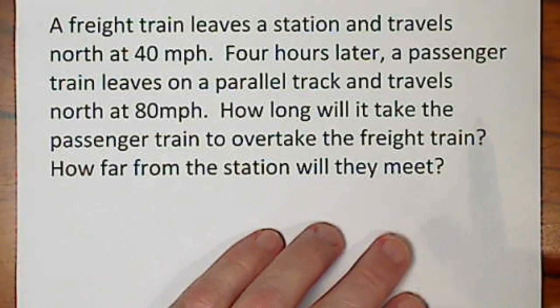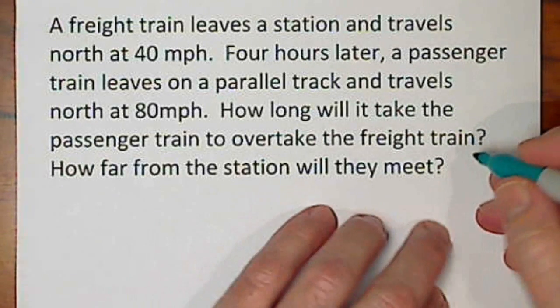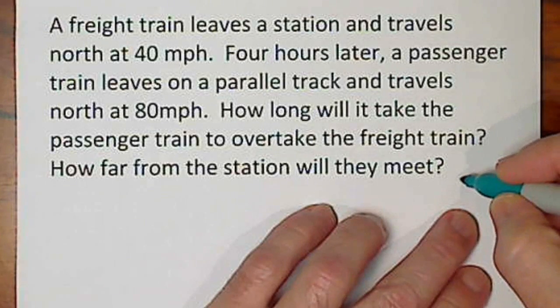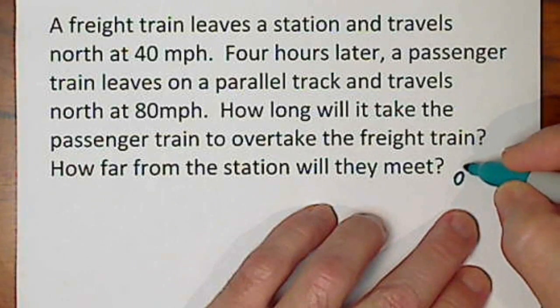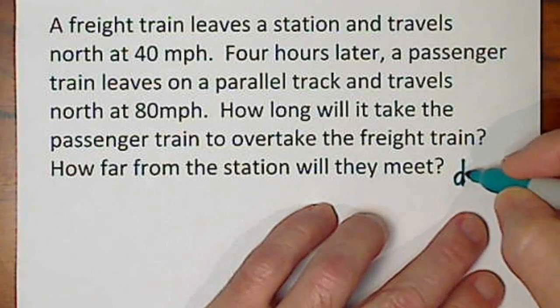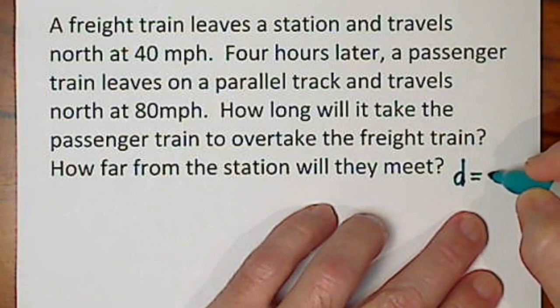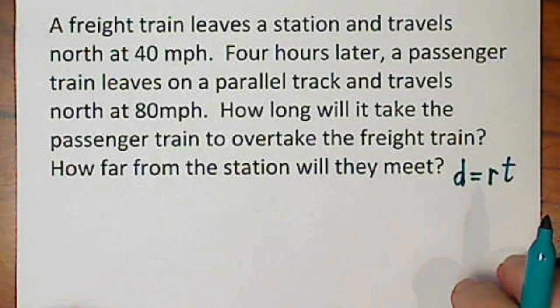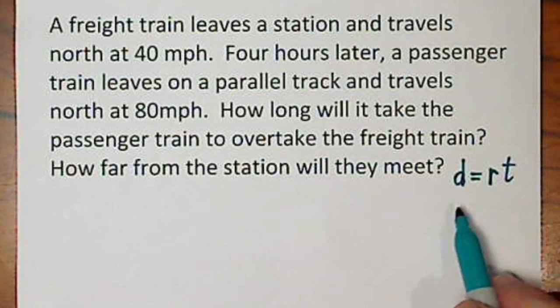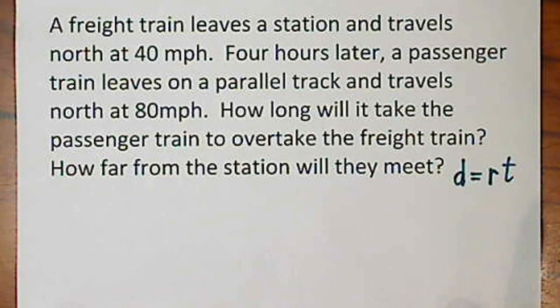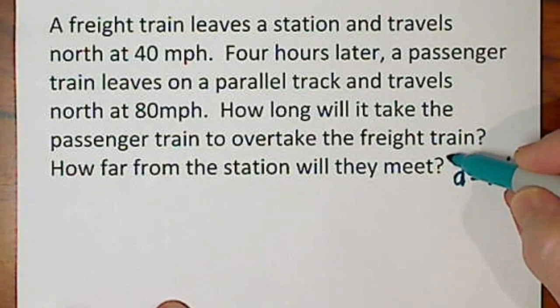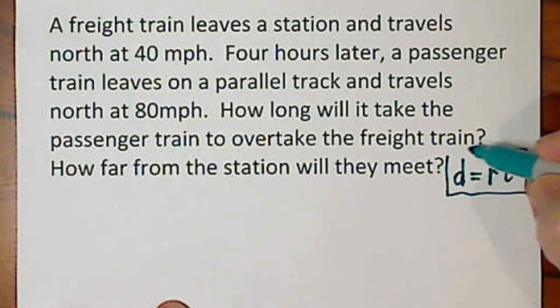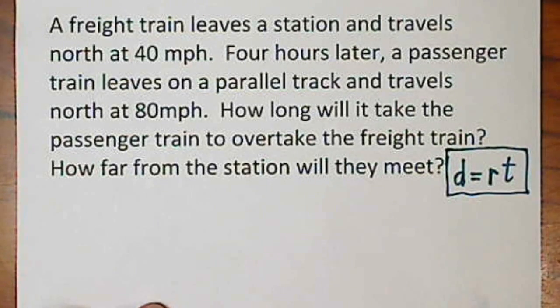That might not jump out for you, but once you've been working with mathematical or physics problems much, you encounter this formula: distance is equal to rate times time, a lot. So you just get used to looking for it. Okay, so we're going to have this in mind as we work on this problem.